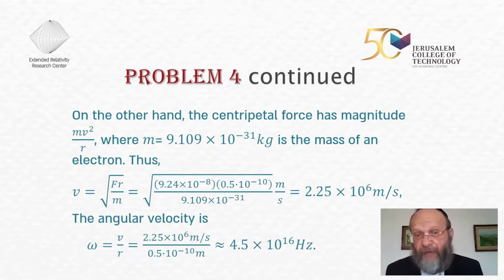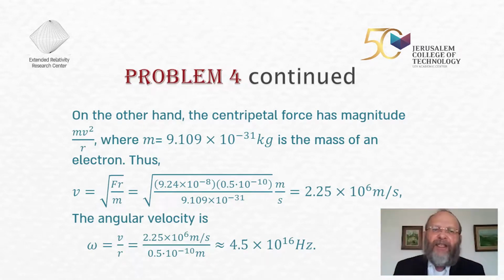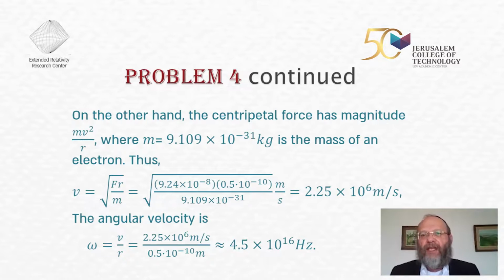We get a very high velocity, 2 times 10 to the power 6 meters per second. It is about 1% of the speed of light; the speed of light is 3 times 10 to the power 8. So it is getting close, but still there are no purely relativistic effects. We know the behavior changes, but you cannot assign it because of the velocity.